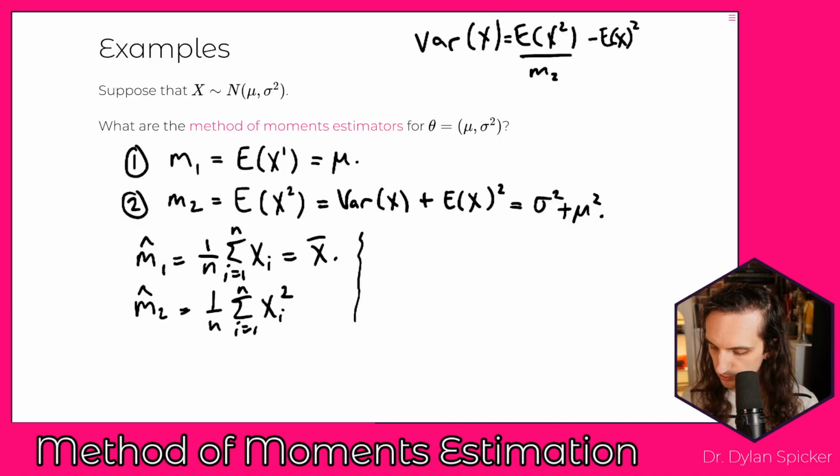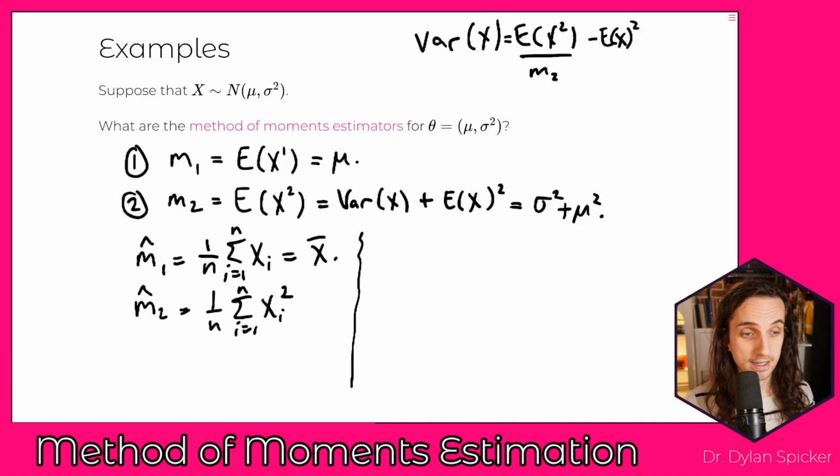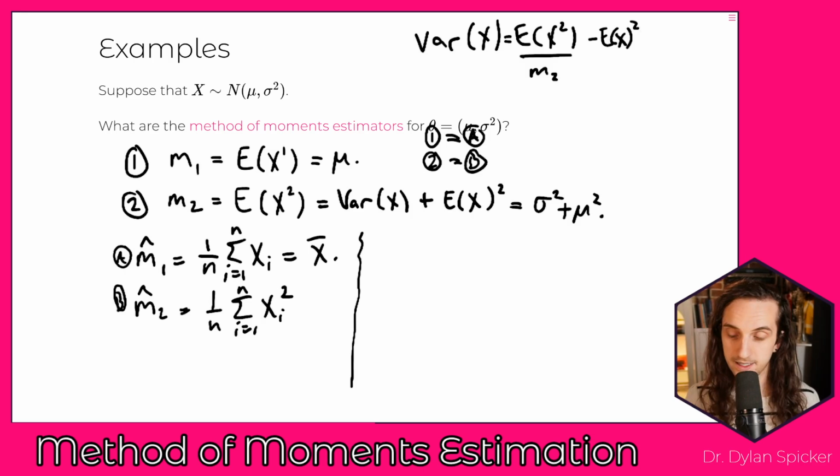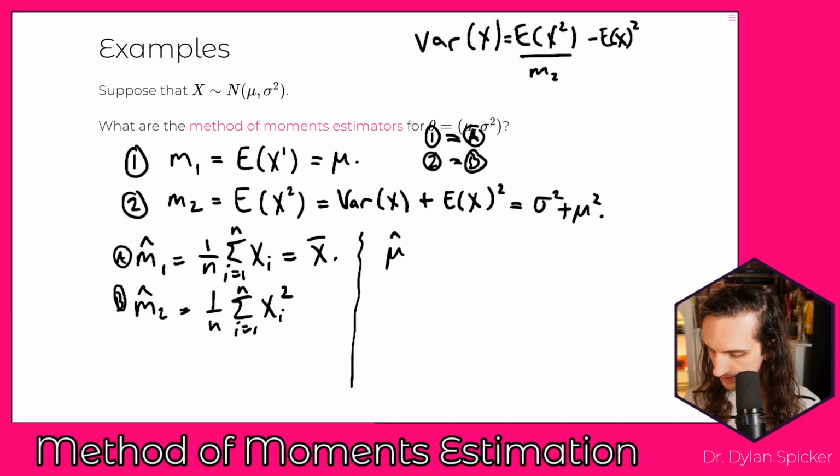What we need to do is plug in a value mu hat and sigma hat squared that is going to solve 1 equals, and I'll mark this as A and mark this one as B, so we're going to set 1 equal to A, and we're going to set 2 equal to B, and we're going to solve.